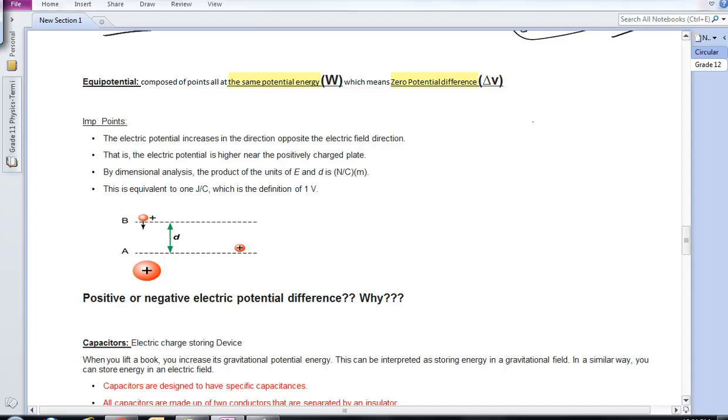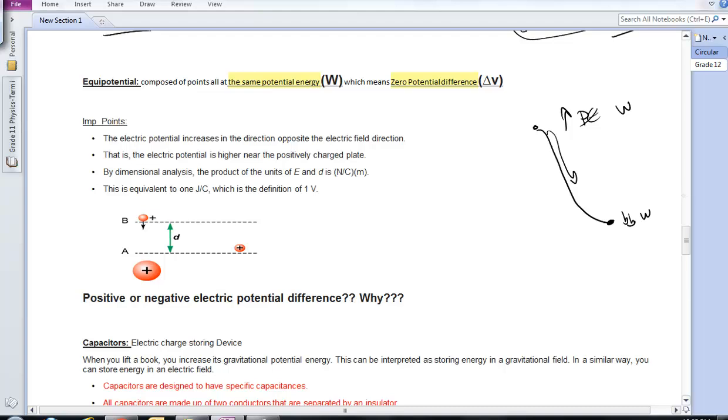Basically, in order to move an electric charge, you need a potential difference. Like the stone here, you have very high potential energy, or let's say work, and here you have a very low work, and the stone will move.